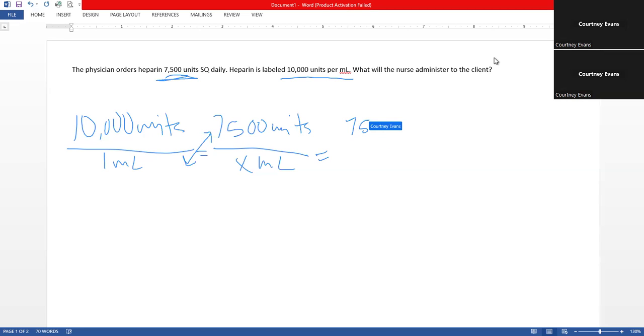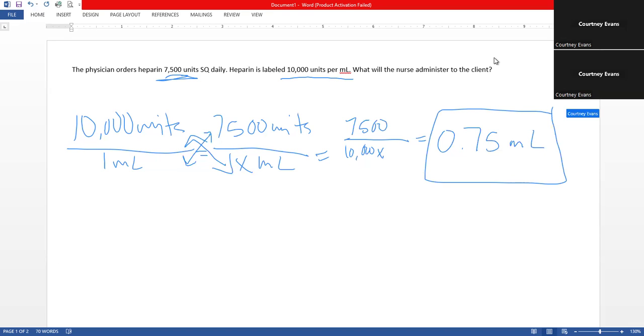So we get 7,500, just so you can see it visually, over 10,000 times X. So 10,000 X. All right, next we're going to say 7,500 divided by 10,000, and we get 0.75 milliliters.